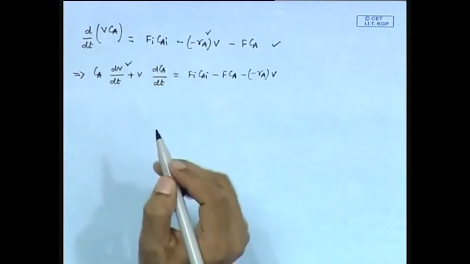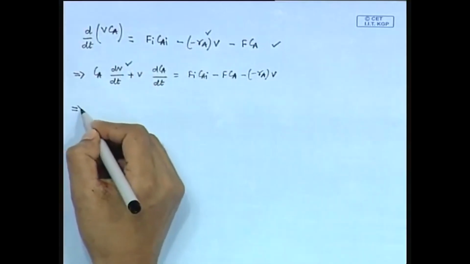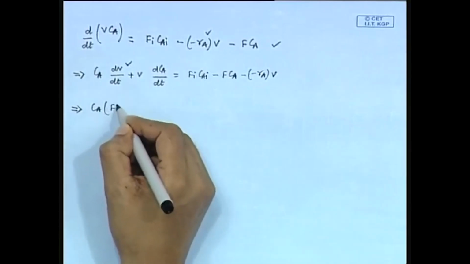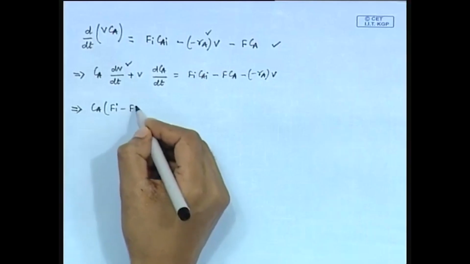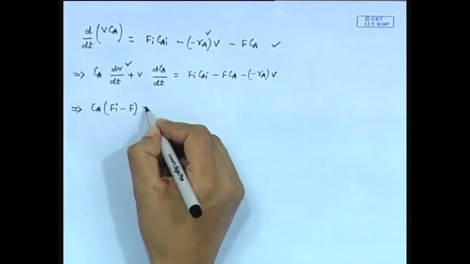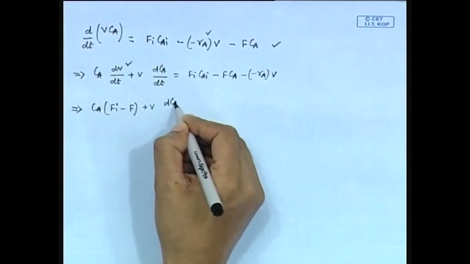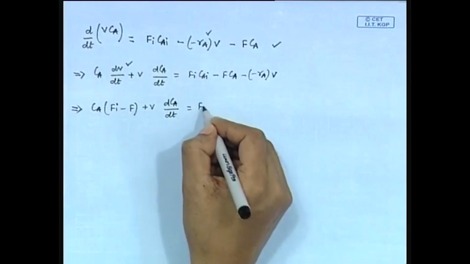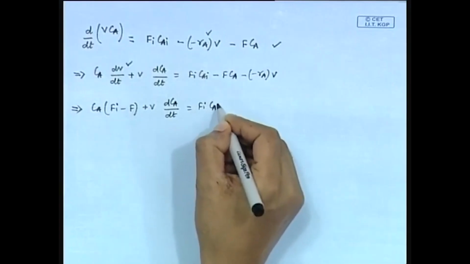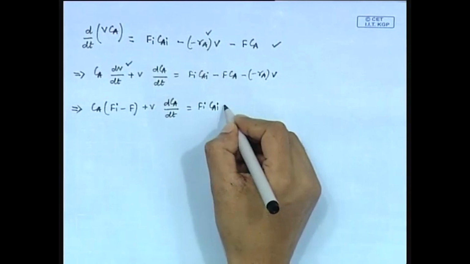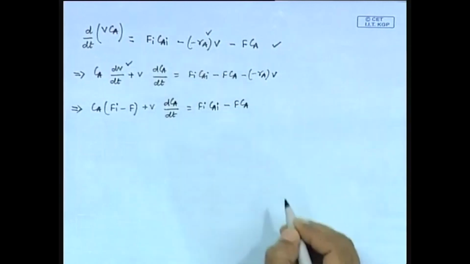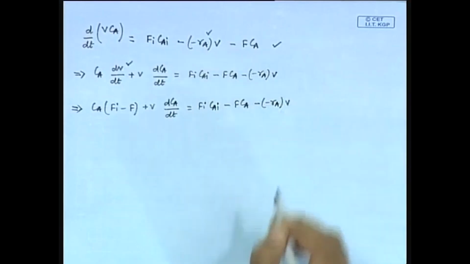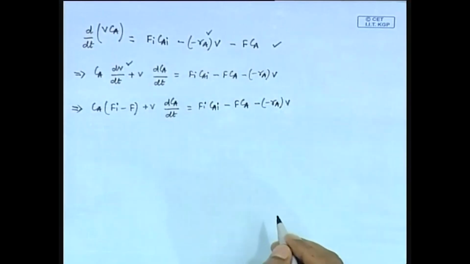I mean, if we substitute equation 1, then this equation becomes Ca (Fi minus F) plus V dCa/dt equals Fi Cai minus F Ca minus minus of Ra into V.